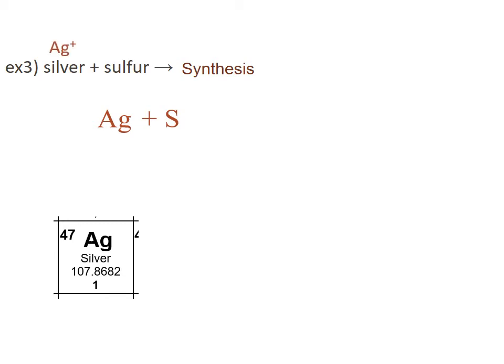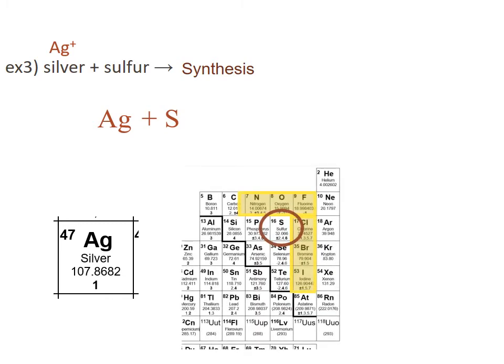I look up sulfur on the periodic table, and I see that it is a nonmetal. And when nonmetals take charges, they take negative charges. So that means I will have to look up sulfur on our negative list. So over top of sulfur, I will write S2-, as that is the charge that sulfur takes when it has a negative charge.